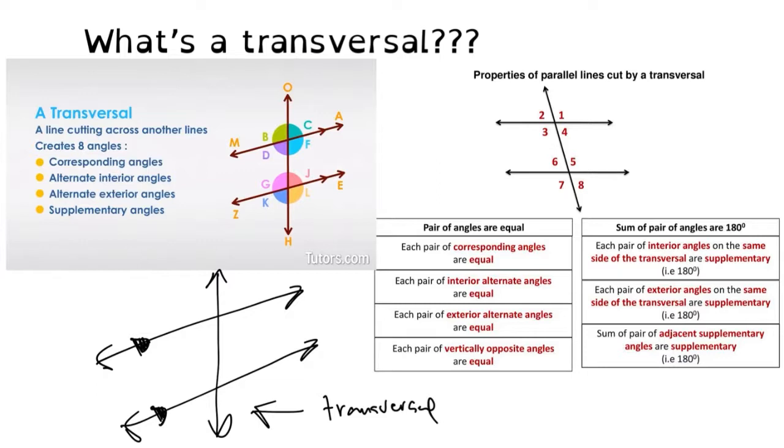So, when we talk about parallel lines, we have some theorems and some rules that talk about different positions of things. Really what it comes down to is we are going to connect angles that are equal and also angles that added together equal 180.